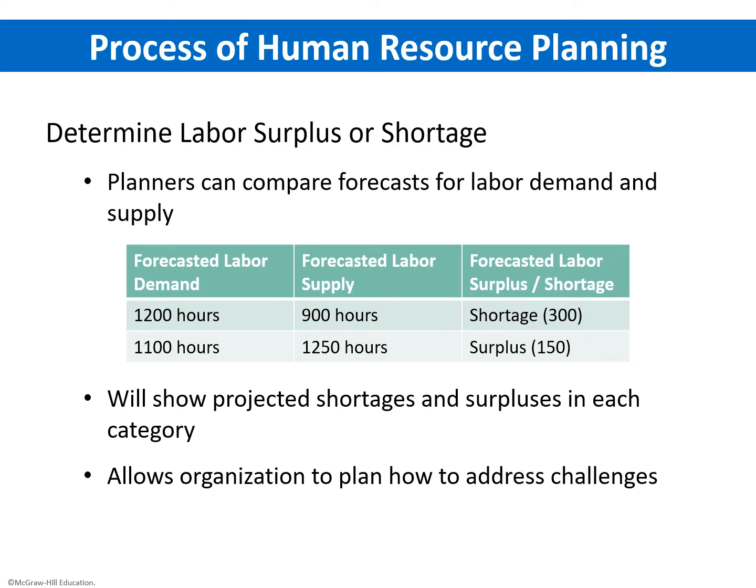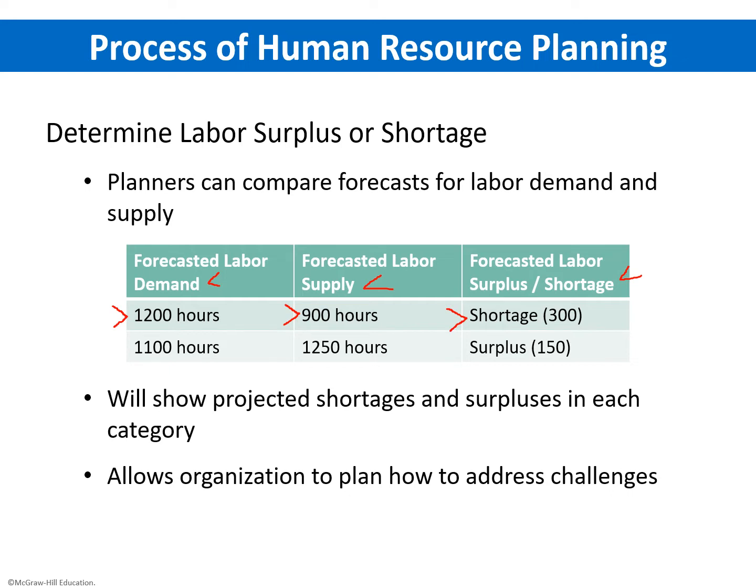Now, once we've forecasted our labor demand and forecasted our labor supply, we can forecast our labor surplus or shortage. All right, so in the example that I've got for you here, we have a forecasted labor demand of 1,200 hours. Okay, but we only have a forecasted labor supply of 900 hours. So when we subtract that forecasted demand from the forecasted supply, you can see we have a forecasted shortage of 300 hours.